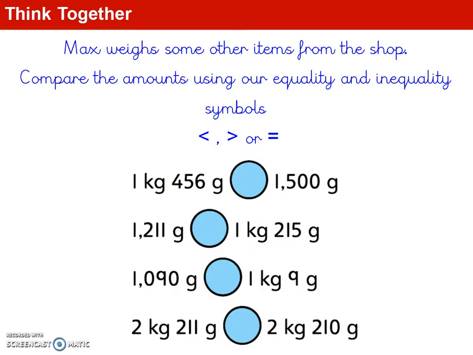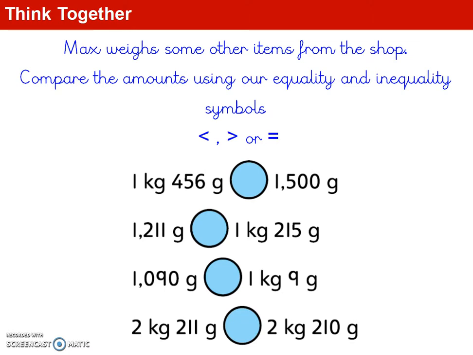And for our first Think Together question in our textbook, we're asked, Max weighs some other items from the shop, and we're asked to compare the amounts using our equality and inequality symbols. And we can see the 3 of them below, which represent less than, greater than, or equals to. So think carefully about how you're going to convert each of the masses into equivalent units.